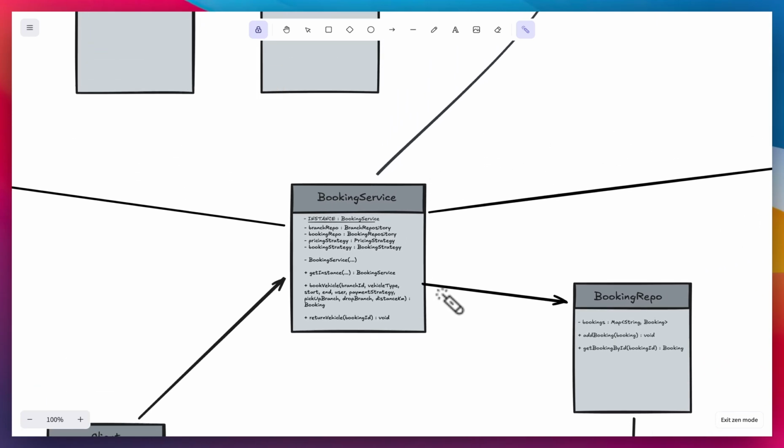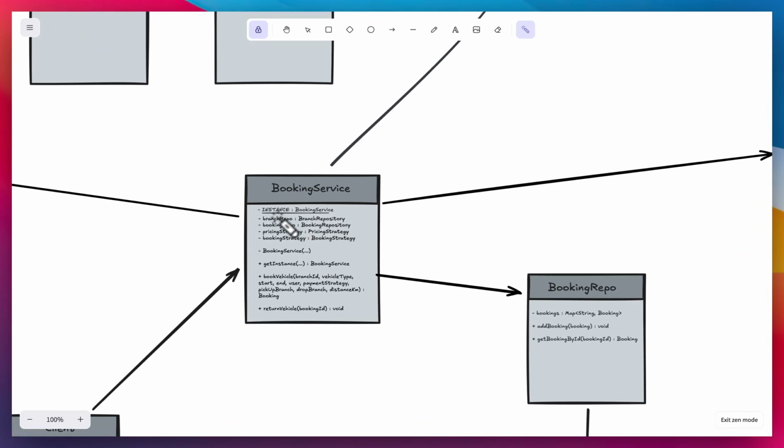Now coming to the brain of this car booking system, and that is the booking service class. I have created this booking service class as a singleton class because I want all of the users to book through only one service class, right?